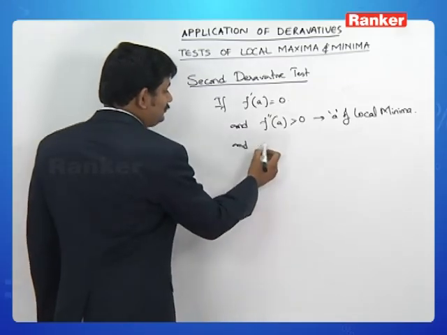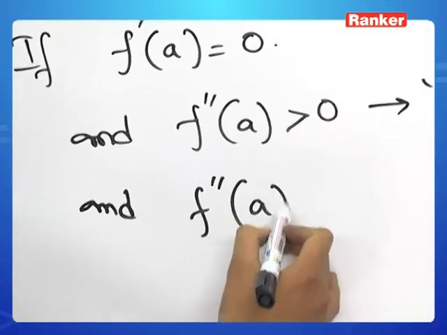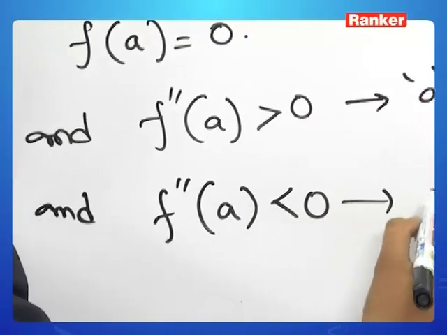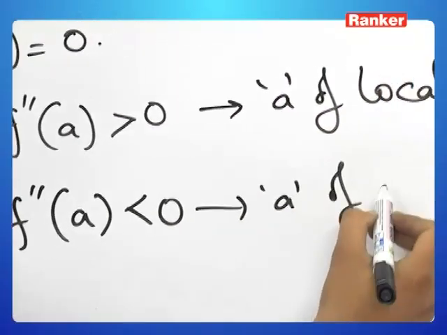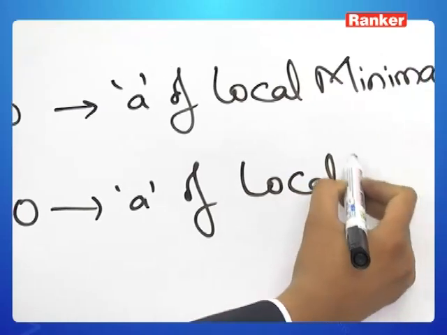And if f double dash A is less than 0, then we conclude that A is a point of local maxima.